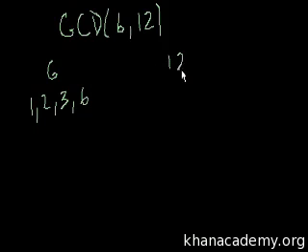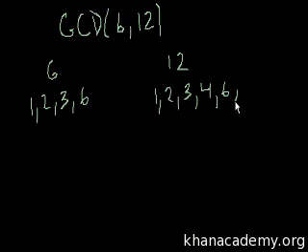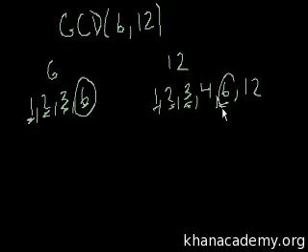Factors of 12: 1, 2, 3, I almost should have these memorized by now, 4, 6, and 12. Well, it turns out 1 is a common factor of both, 2 is also a common factor of both, 3 is a common factor of both, and 6 is a common factor of both. And of course, what's the greatest common factor? Well, it's 6. And that's interesting.